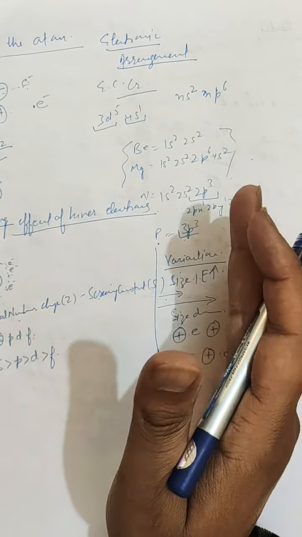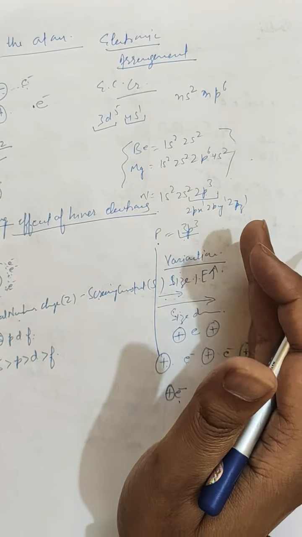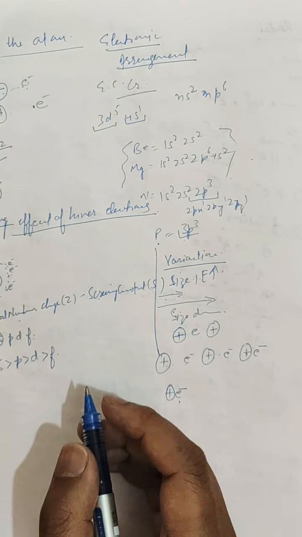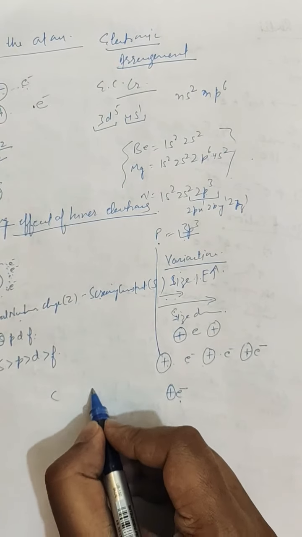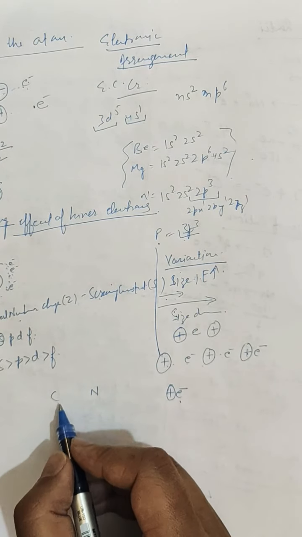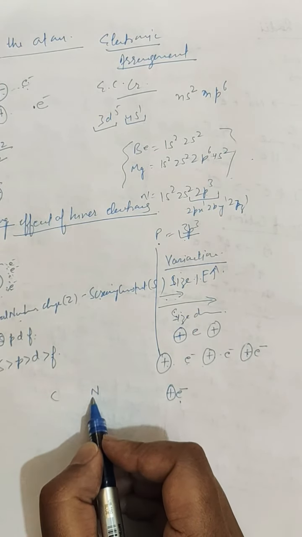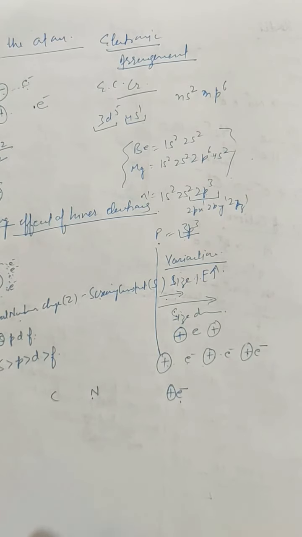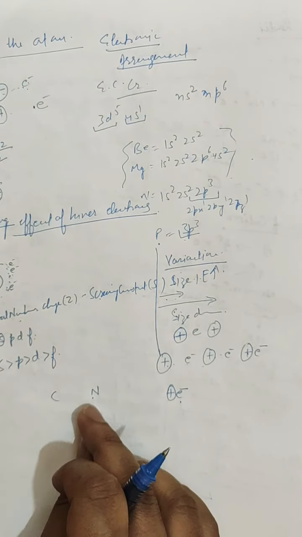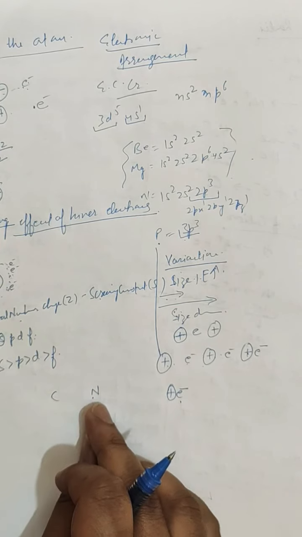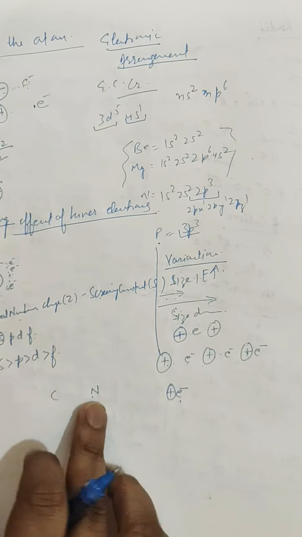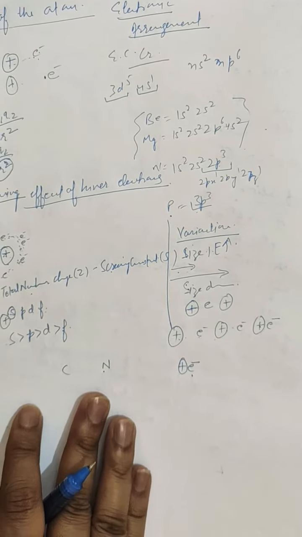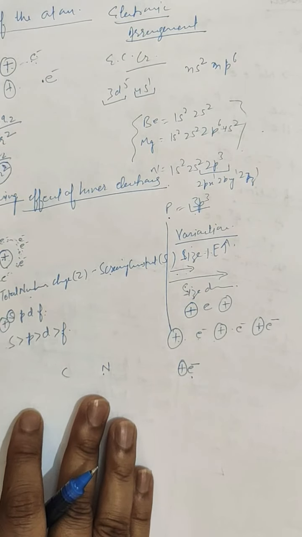Further, there are some other factors which I told you, like half-filled configurations. So when you are asked to compare two elements, suppose carbon and nitrogen, and you are asked which will have higher ionization energy, although they will never ask about the values, you can see that there are different factors.